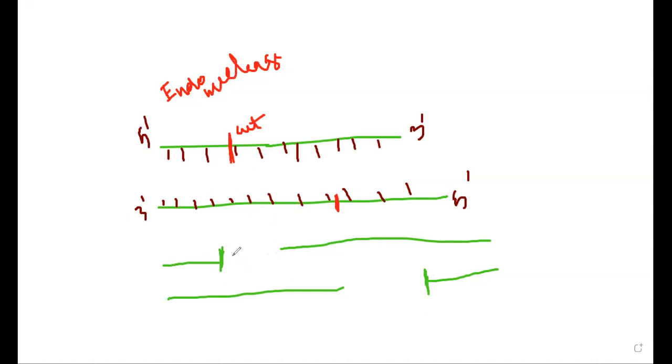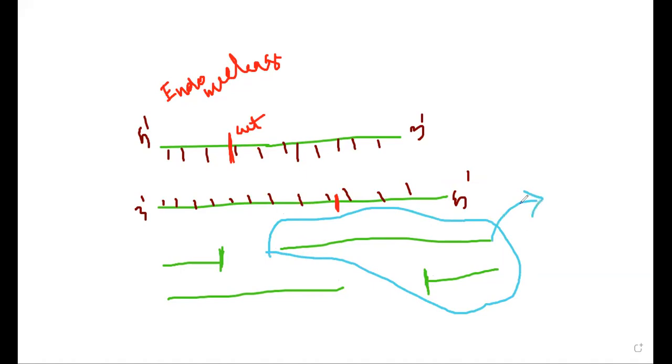After that, we can remove this portion completely. And we may add the plasmid's another gene. This is one gene, consider it sample A gene.